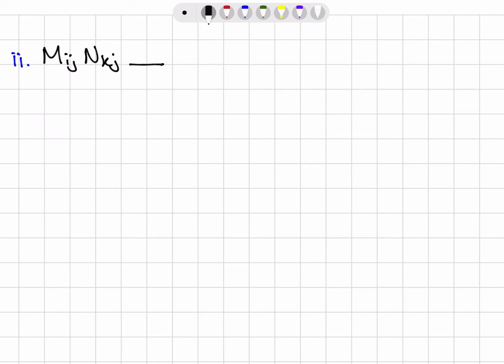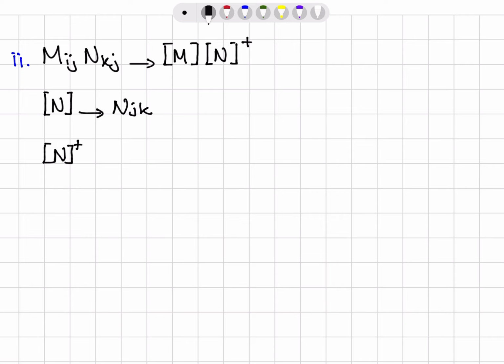So what this is actually is the matrix M multiplied with the transpose, because it has switched rows and columns, of matrix N. So the N matrix is represented in subscript summation notation as Njk, and therefore the N transpose matrix is represented as Nkj.